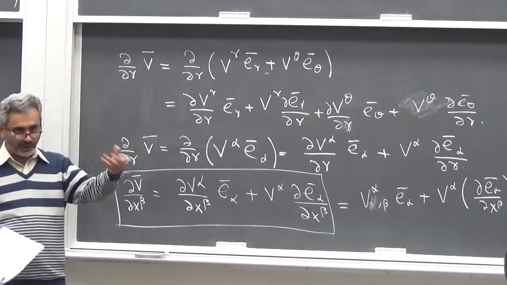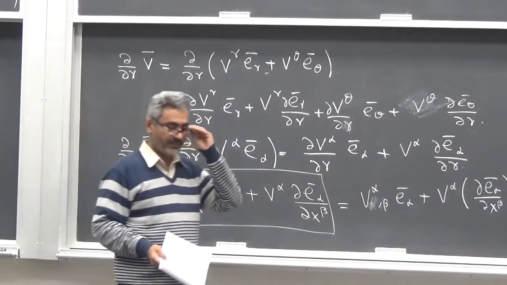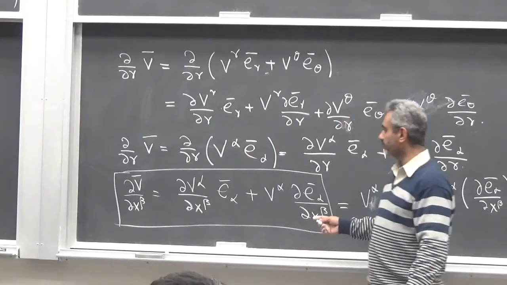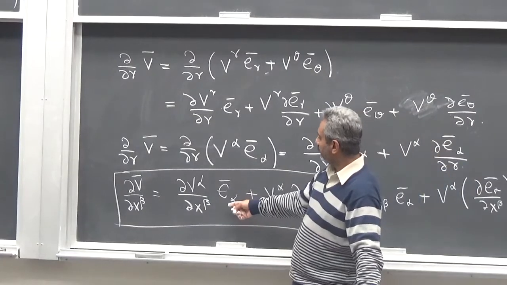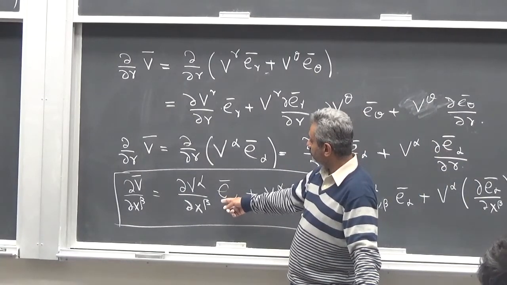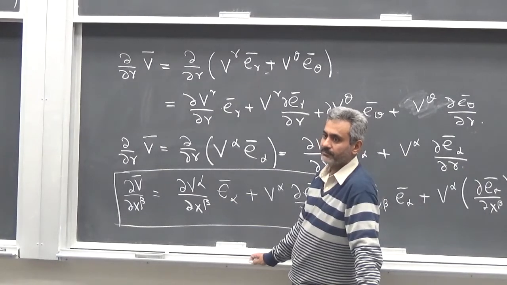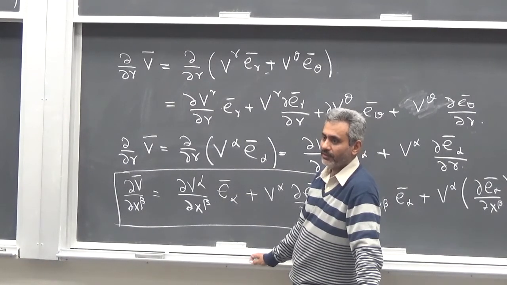I think the problem she has is that when you are differentiating, you are differentiating with respect to things which have different dimensions: differentiating with respect to r, and then with respect to theta.